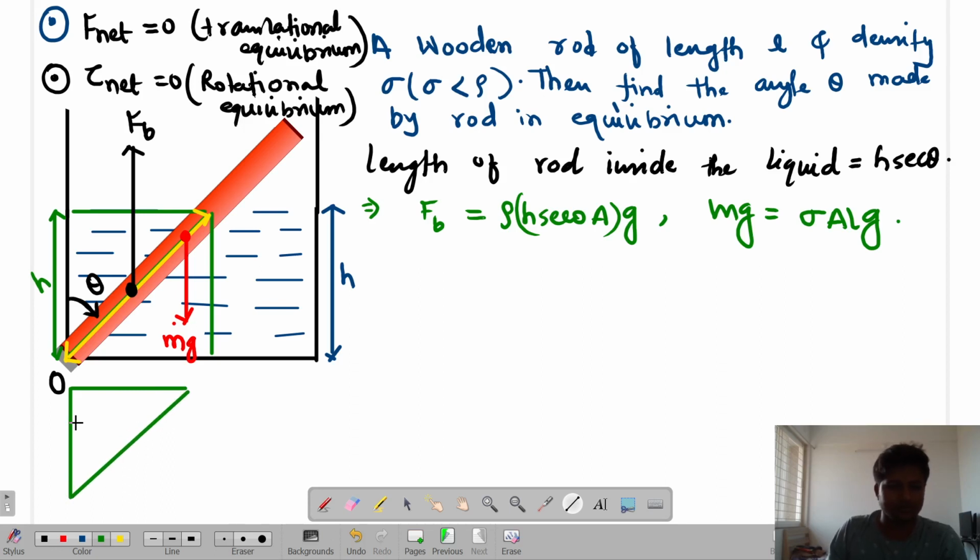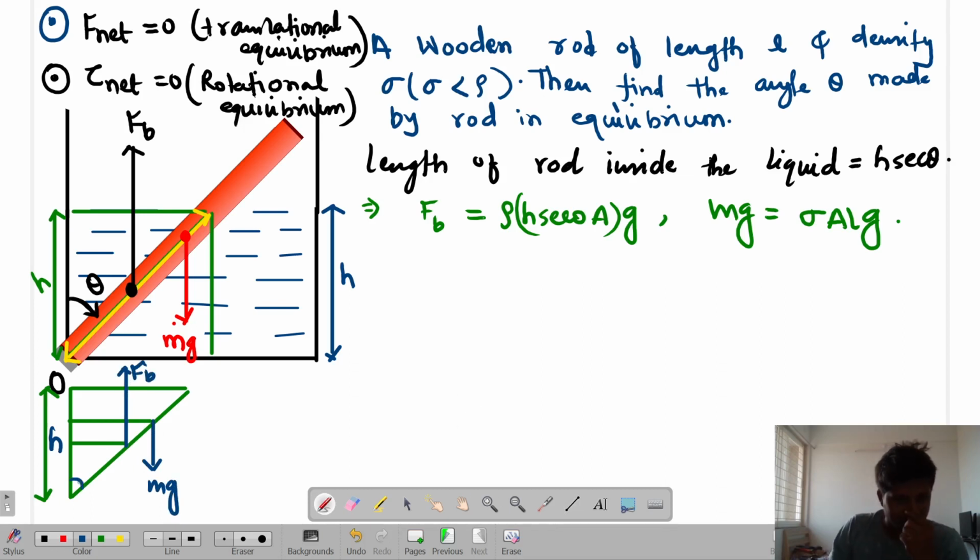Now look over here. So there are two forces, mg and buoyancy, isn't it? And this is height h. Here mg is working. Here buoyancy is working. Are you able to get me or not?